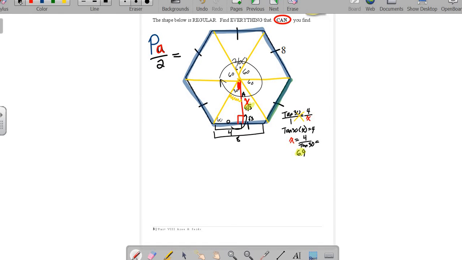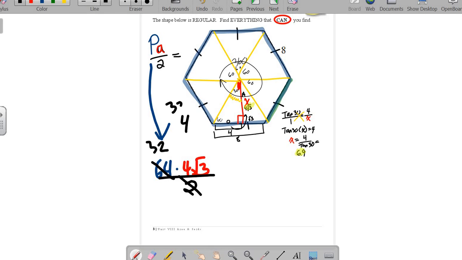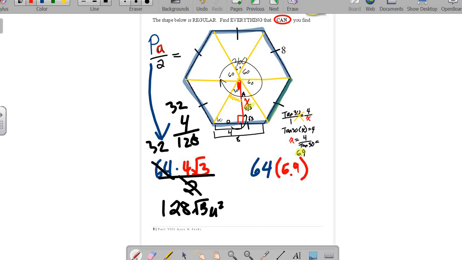So if I wanted this in exact terms, my perimeter would be 64 times my apothem, which is 4 root 3 over 2. And I'd get 128 root 3 units squared, or 64 times my apothem, 6.9 over 2.